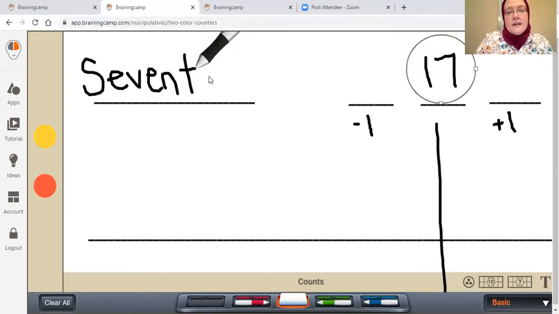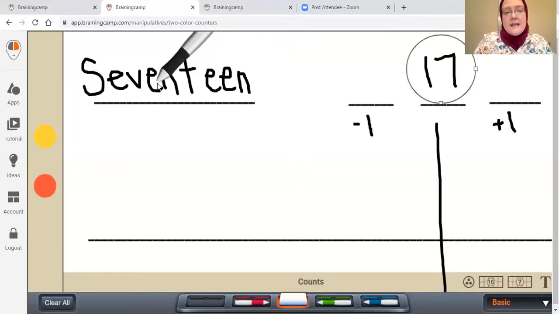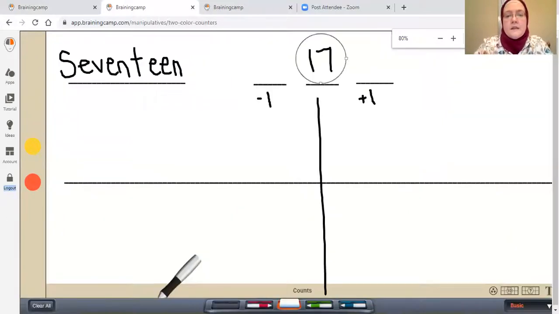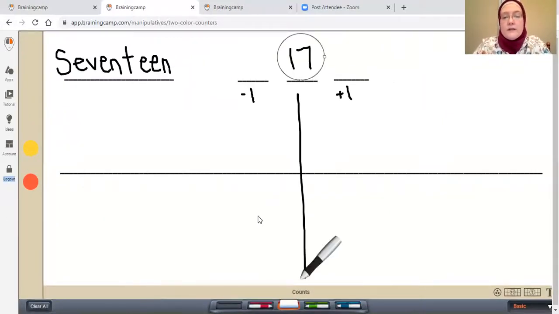And long E, it's actually a double E. All of my teens have a double E. Otherwise, it would say 710. 17. All right. Makes it a little bit easier for me to work with it when it's bigger.